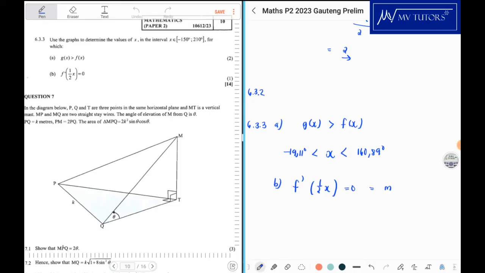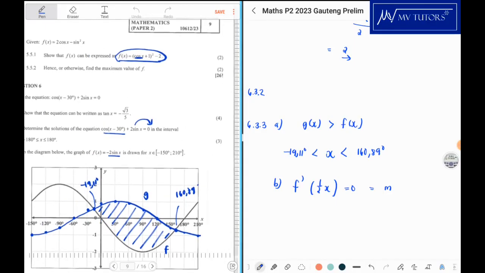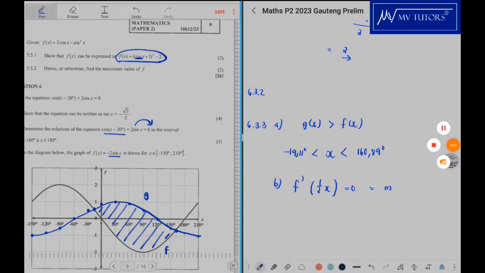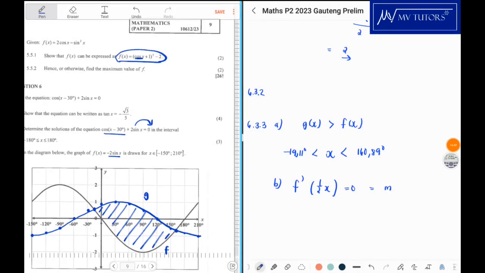All right, let's go back to the graph. It has shifted, but it's all good. Let me just erase and let's see what we can do. Okay, so basically, in the original graph, we can see that f of x is negative 2 sine x, okay?